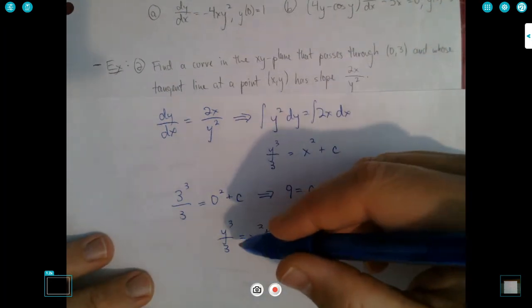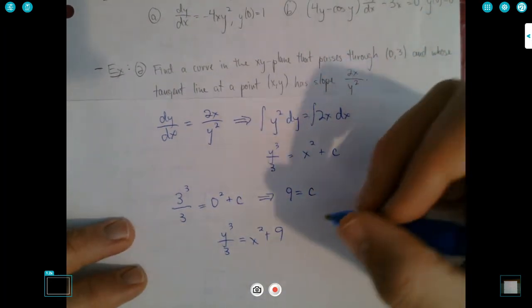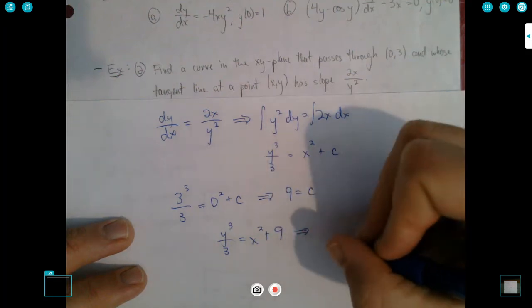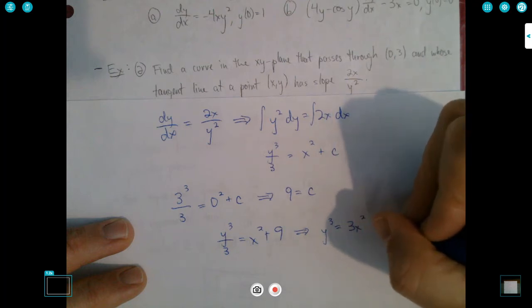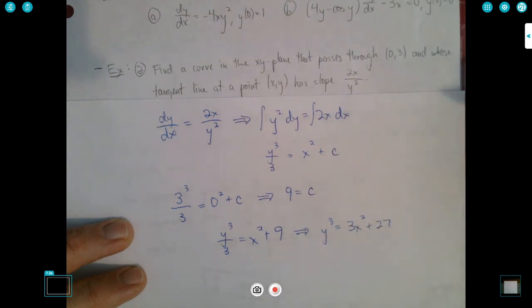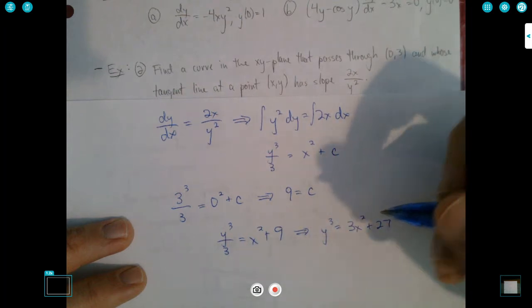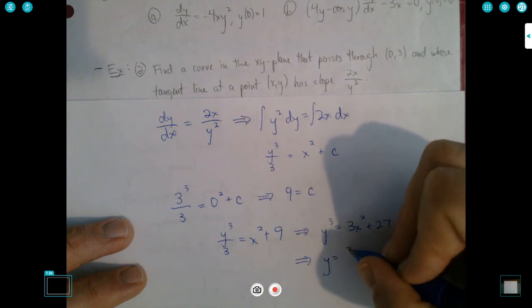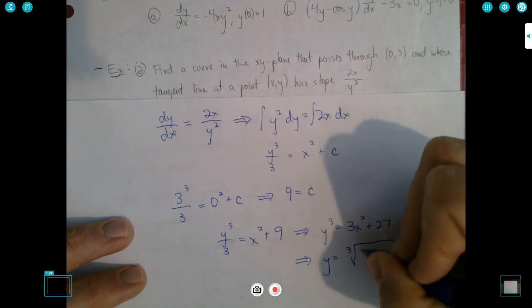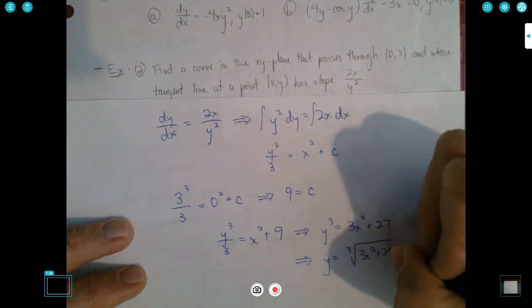Once again, this one we could solve for y pretty easily. If we multiply through by 3, we get y cubed equals 3x squared plus 27. And I kind of like that solution. But if we wanted to completely solve for y, then we could take the cube root and say y equals the cube root of 3x squared plus 27.